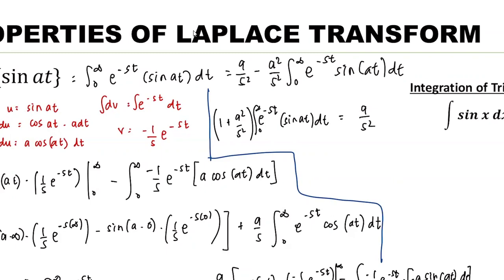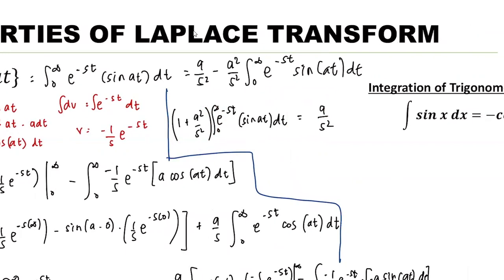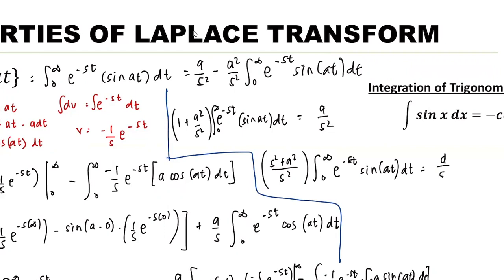Okay? We need to isolate this so we can get the equation. So we need to multiply it by this. But let's simplify that form first, no? So we have s squared plus a squared, then integral of 0 to infinity e negative st sine of at dt is equals to a over s squared.